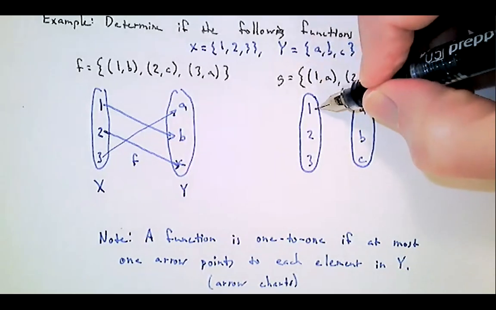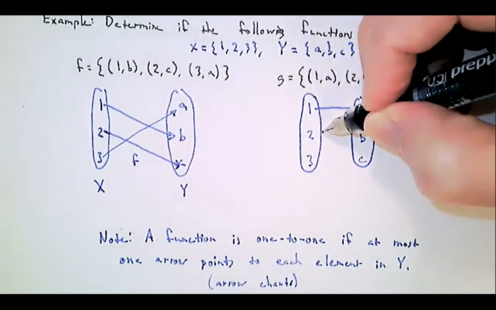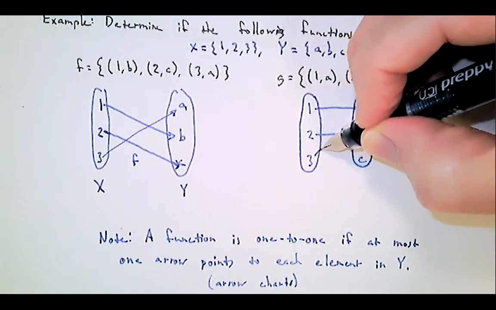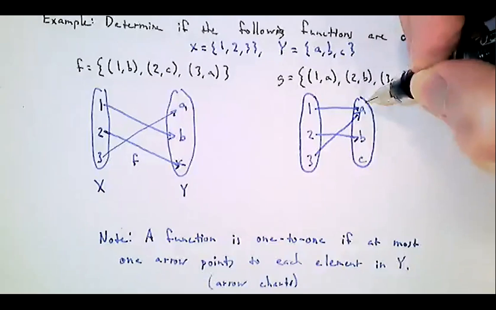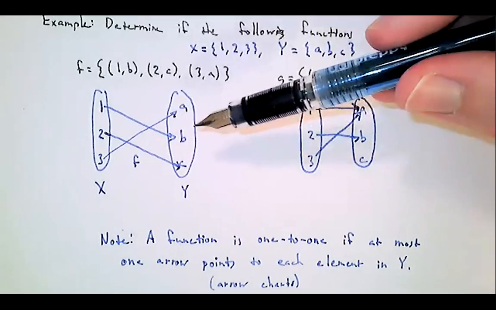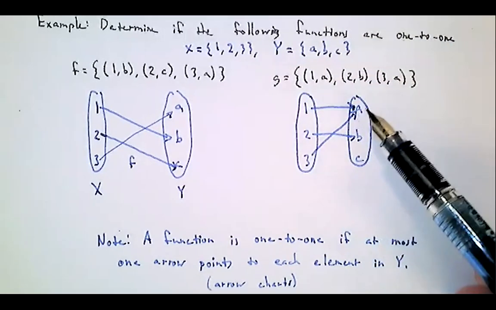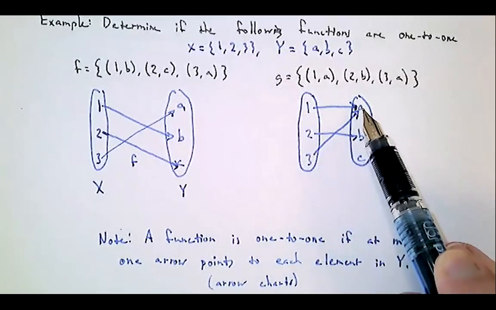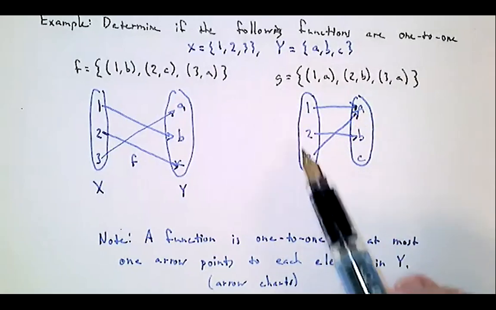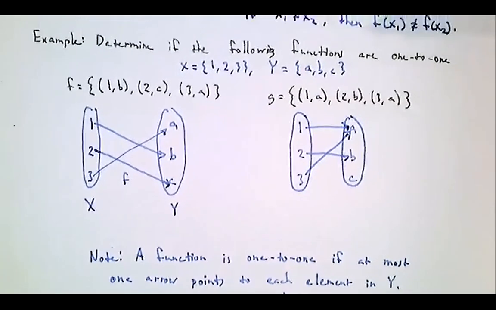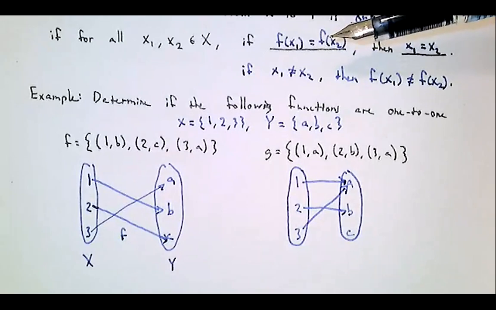So we'll have an arrow from 1 to A, an arrow from 2 to B, and then an arrow from 3 to A. So we can see right away that there's a difference between this arrow chart and this one, because there's two arrows pointing at the single element A. If we plug 1 into the function, we'll get A as an output. If we plug 3 into the function, we'll get A as an output as well. So that means we have two different inputs where the function values are the same.